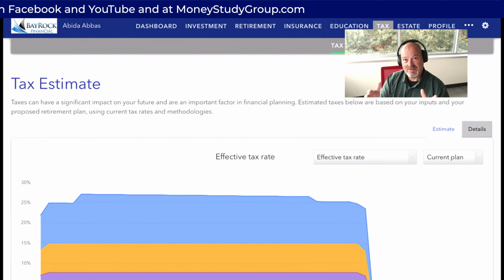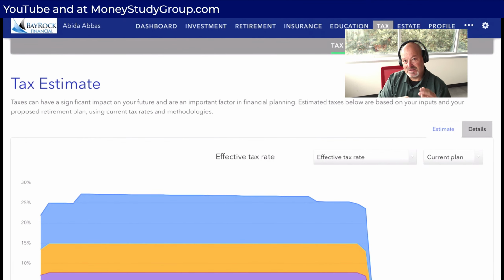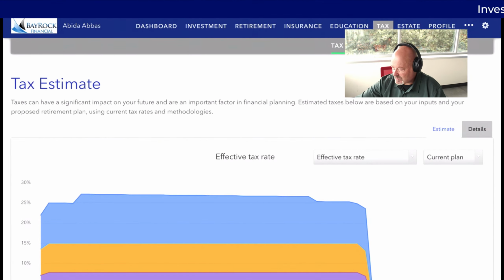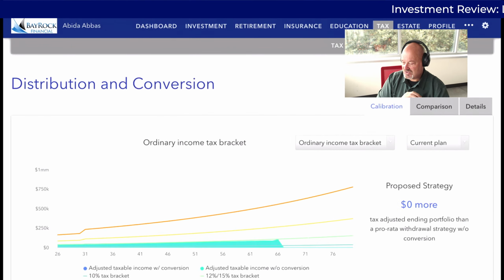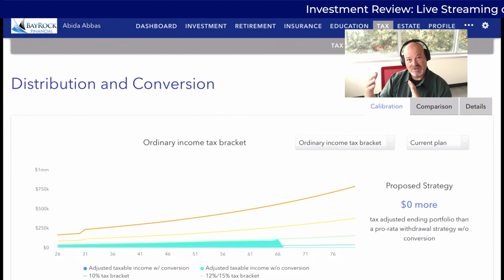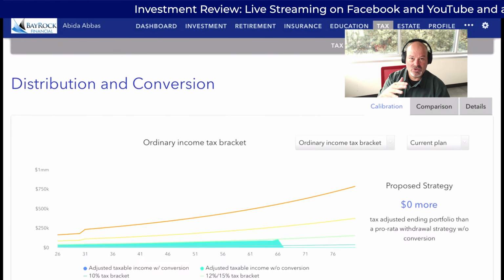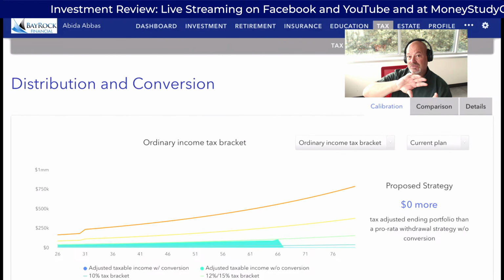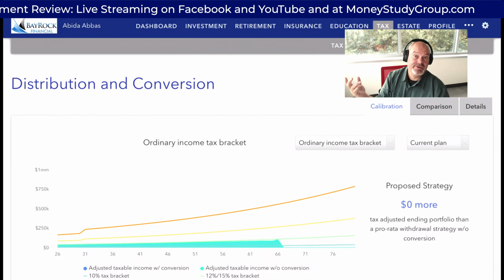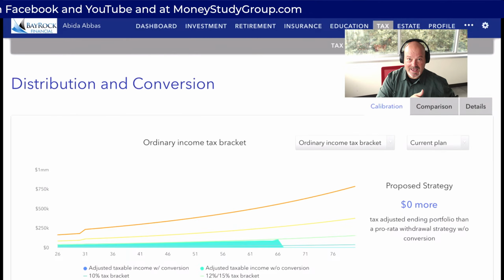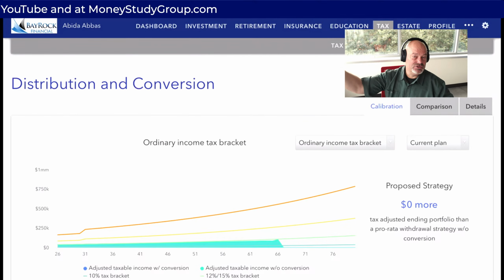So if you have assets in different tax buckets, you have a lot of different options. One of the options we get to look at is how are we going to distribute funds from your retirement accounts when you get ready to retire. Which accounts are we going to use to pay you? Because that's really what you're doing in retirement planning: you're saving money today so that you have it to use later on.